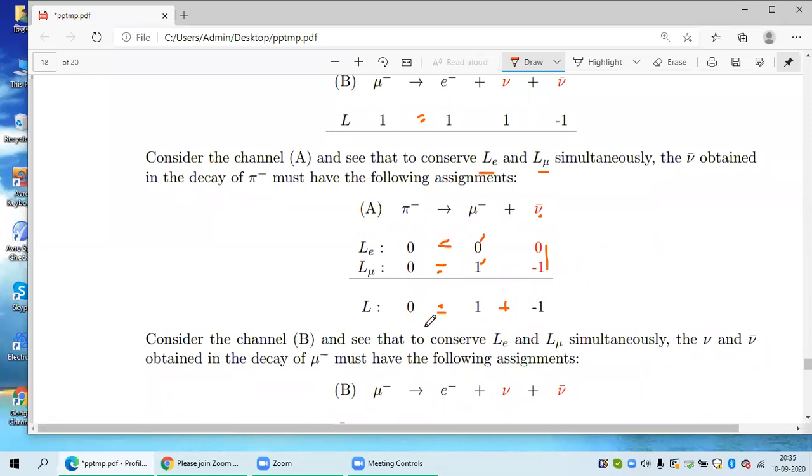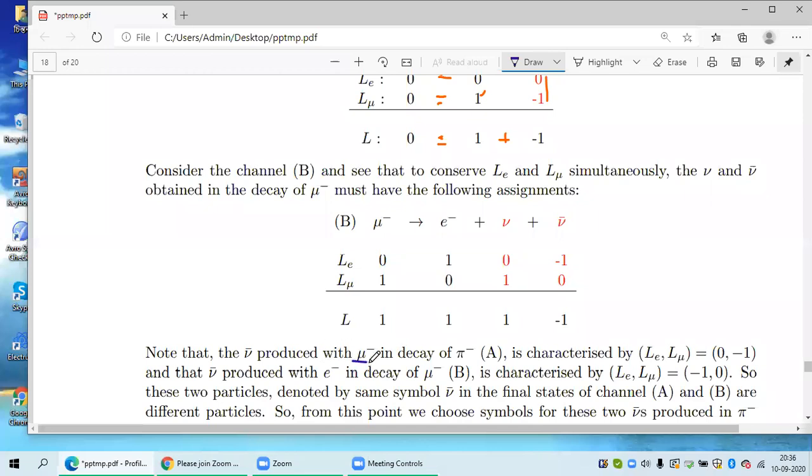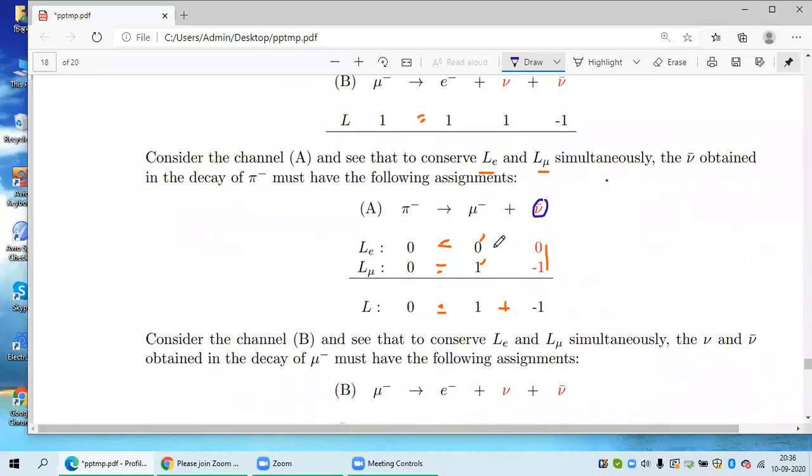So what is the conclusion? The conclusion is very profound: this nu bar, which is emitted with mu1 in pion decay, carries an Le value 0 and L mu value -1. So the nu bar which is produced with mu1 has an Le and L mu.